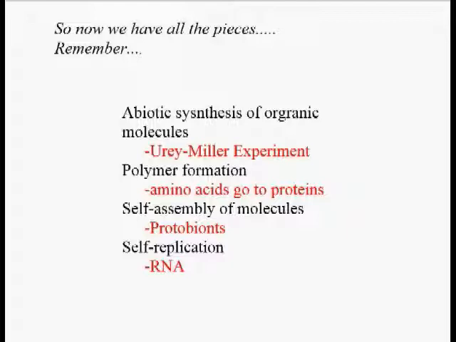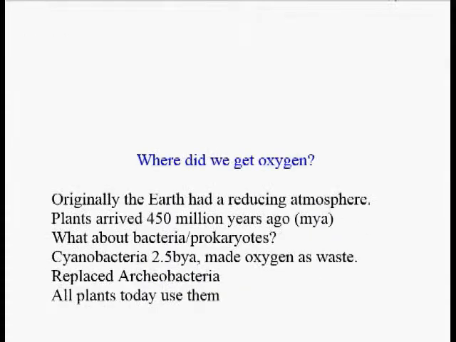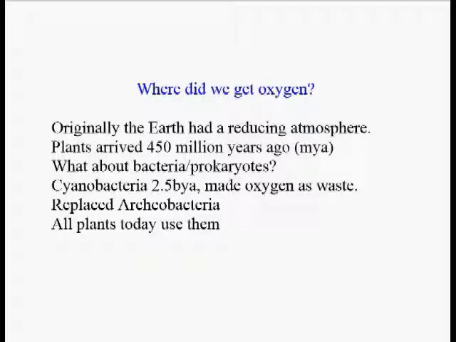We have seen now with Oparin's theory that proteins and lipids can come together spontaneously, self-assembly, into cellular entities, which we call protobionts. And we also saw that the first molecule was probably RNA, since it was capable of self-replication. This doesn't mean that this is how it happened, but we've now given pieces of evidence to show that we've met our four conditions.